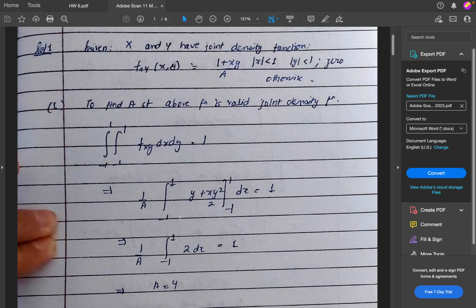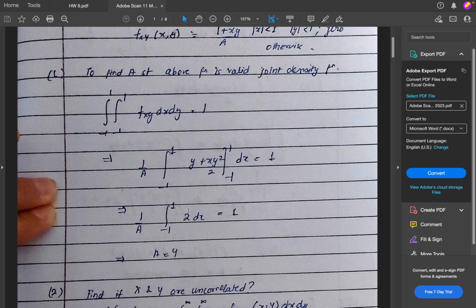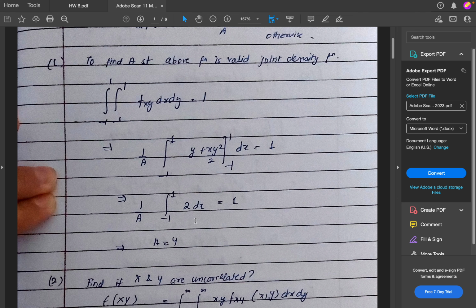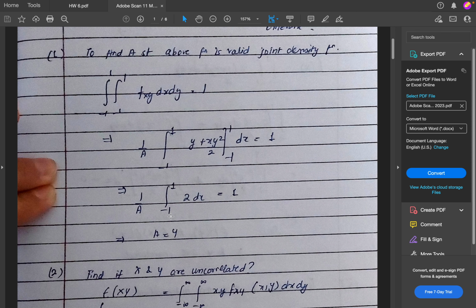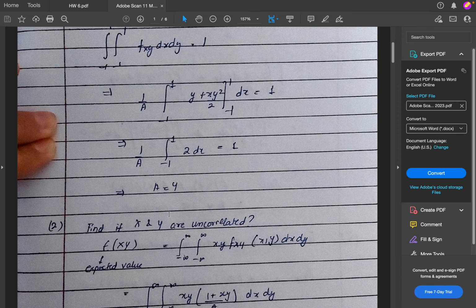When we integrate this, it will come out to be 2, and now we will integrate with respect to x. Again x ranges from -1 to 1, so on solving this will come out to be 4, so 4 by a equals 1, which implies that a is equal to 4.